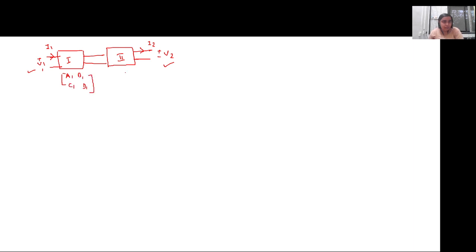Last week we saw that if there are two networks connected like this, where this is network 1 and this is network 2, with this the input current and this the final output current, V1 the sending end voltage and V2 the receiving end voltage, and if they are represented in terms of ABCD parameters, where these are A1, B1, C1 and D1 for network 1, and A2, B2, C2 and D2 for network 2, then the equivalent transmission line parameters will be T1 multiplied by T2.